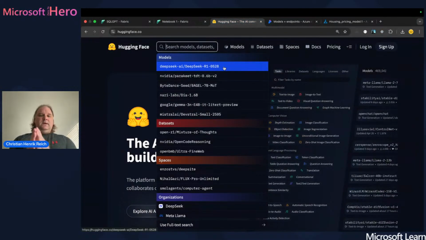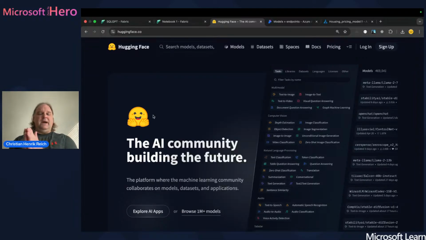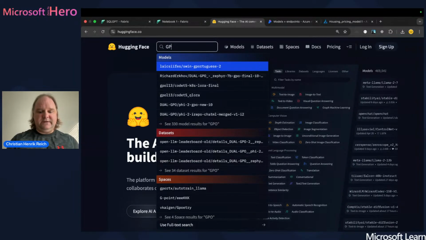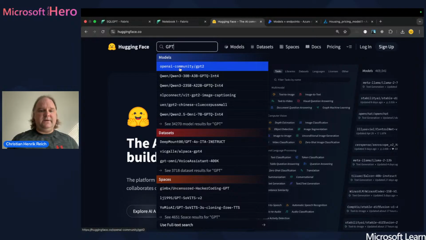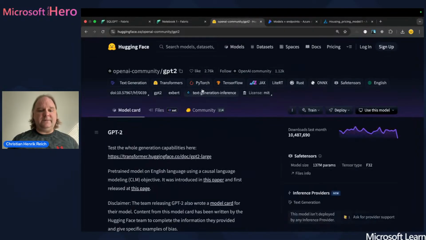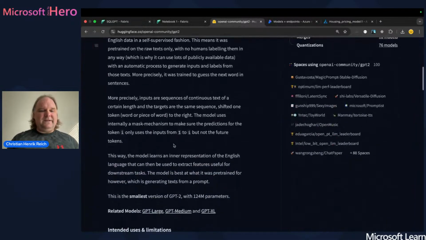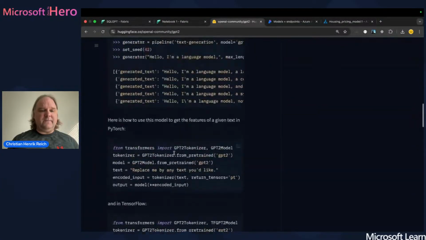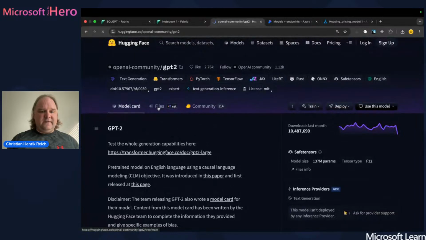I talked about how we now have an ecosystem for distributing models, and what we're seeing here is Hugging Face, which can remind you a little bit of GitHub. I can look for the GPT model from the OpenAI community. We get instructions on how to install and use it, and we have the files.